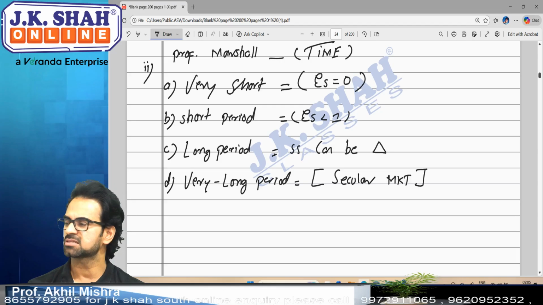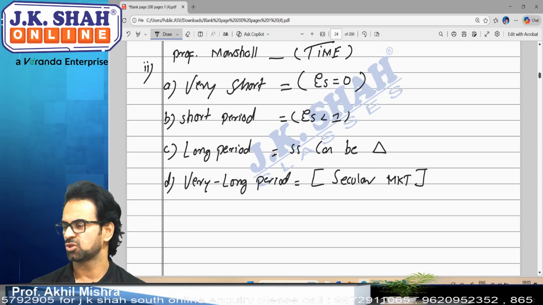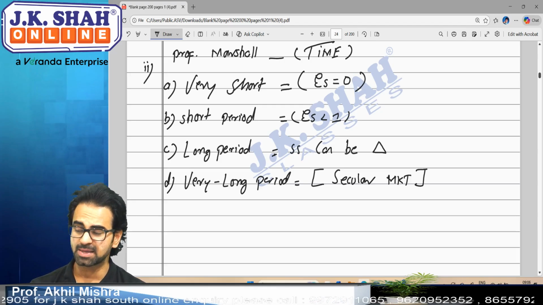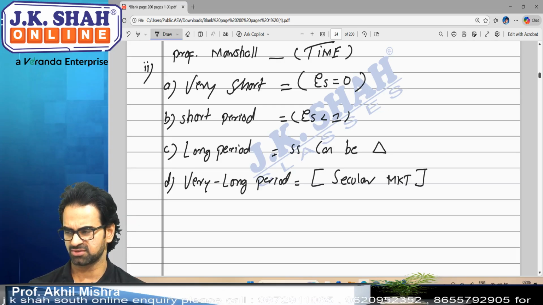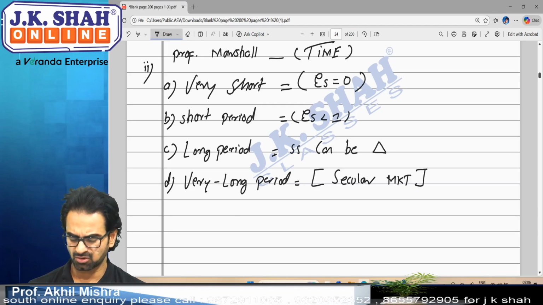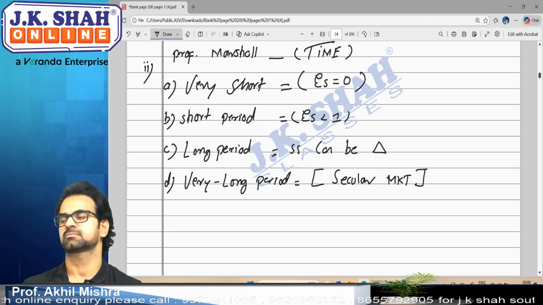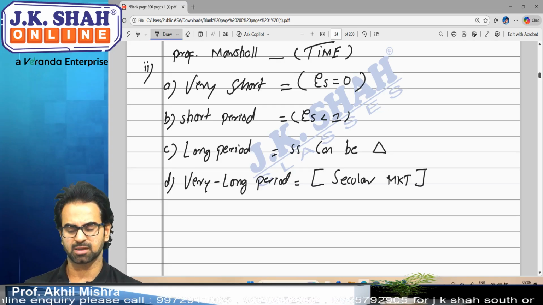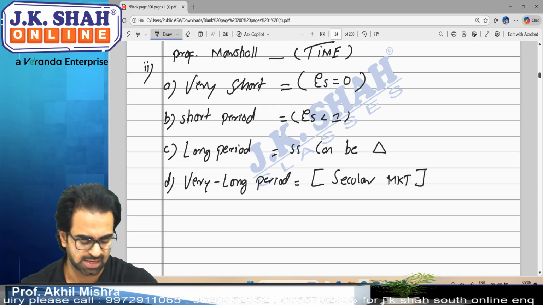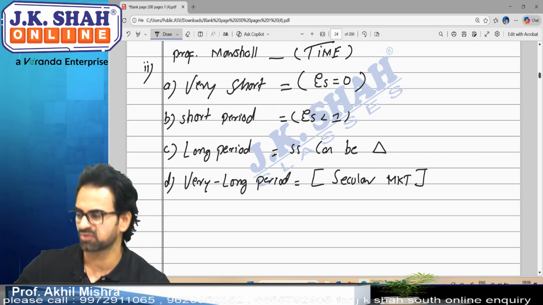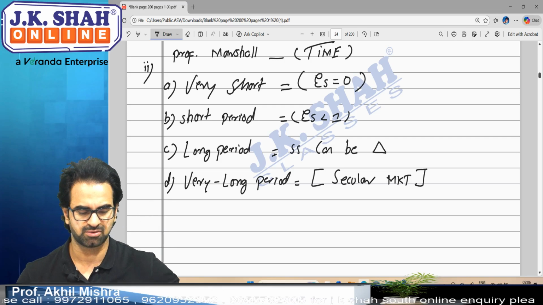So if no time is given, supply cannot be increased. He can take 50 any time because you have 50 right now in your store. But how can you give him 100? You can give him 100 only if he gives you some time. That's the reason in a very short period market, the elasticity of supply cannot be changed. So ES, elasticity of supply, is what? 0. Perfectly inelastic supply. You understand?